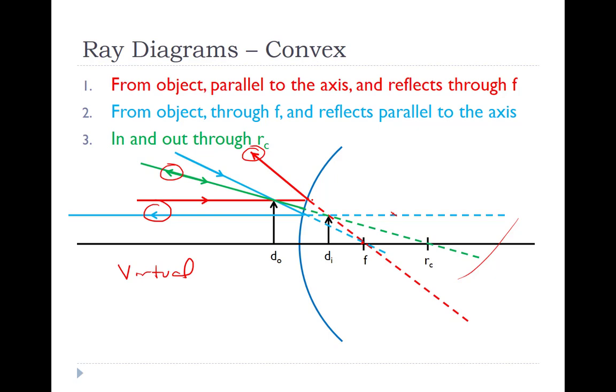Okay. Looking at that image, we've already said that it's virtual. Both arrows point up, so it is upright. And my object is bigger than my image, therefore my image is smaller, which often is referred to as diminished. Notice I spelled it right this time.